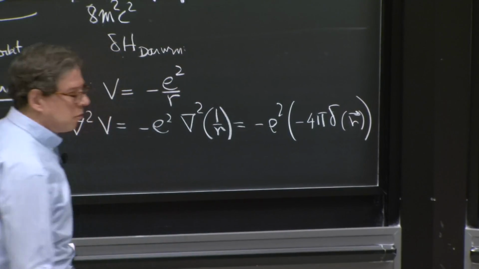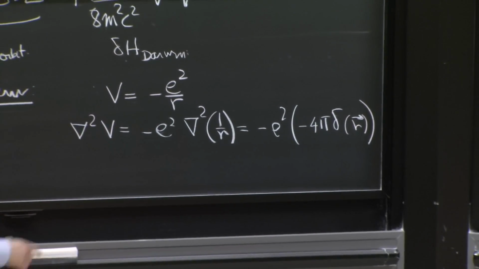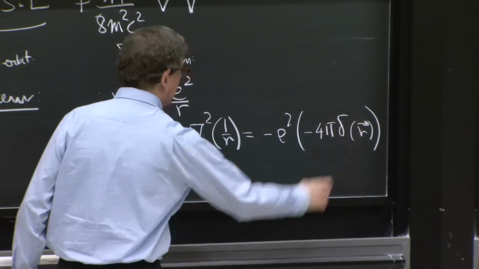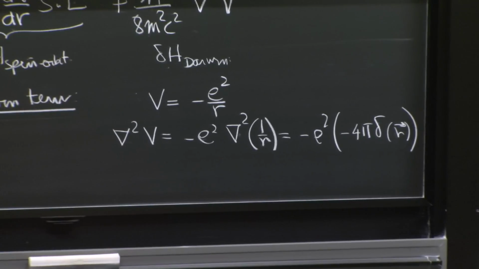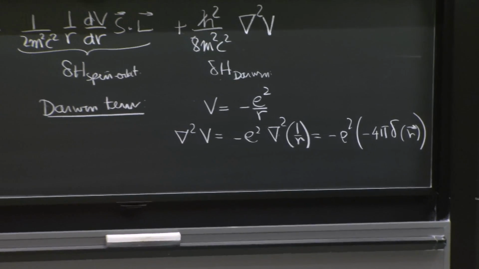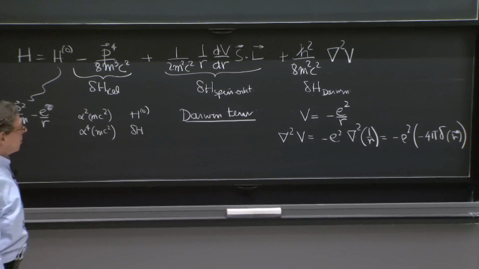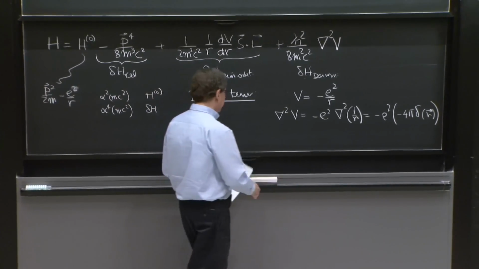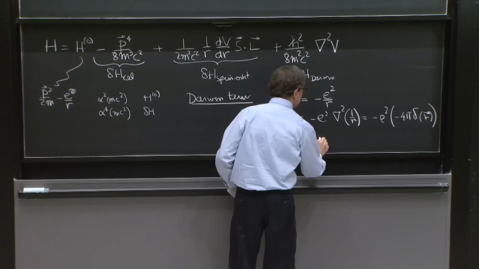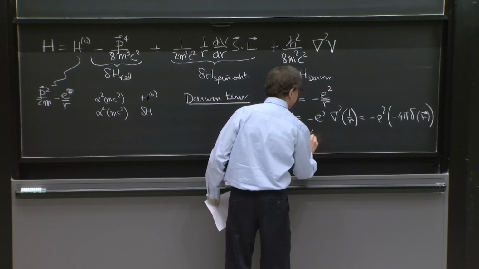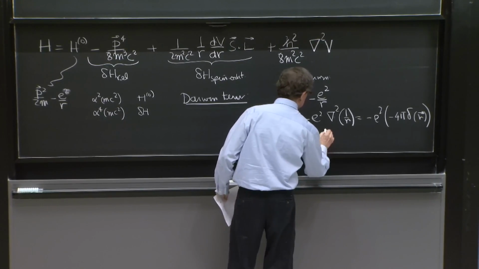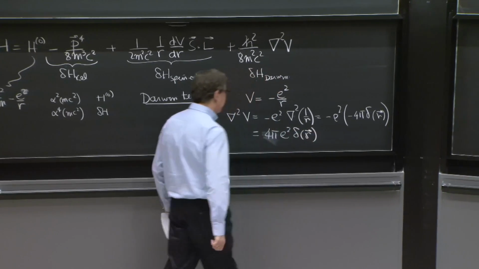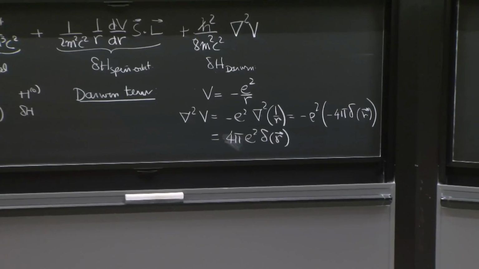That's something you study in E&M. The Laplacian of 1 over r is related to a delta function. It's the charge density of a point particle that produces that potential. So our result here is that this Laplacian is e squared, 4 pi e squared delta of r. It's a delta function contribution.